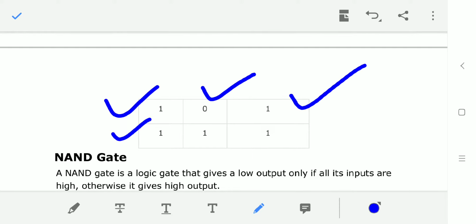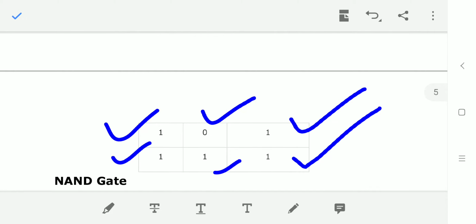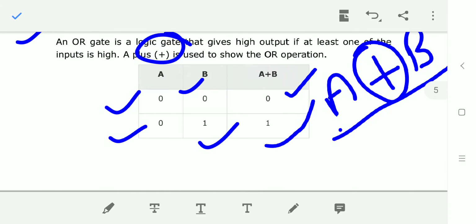A is 1, B is 1, then A or B is also 1. You can see that if both A and B are 0 0, then A or B will be 0, otherwise it will be 1.